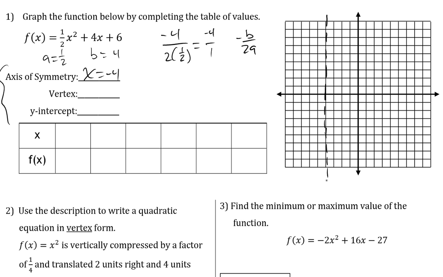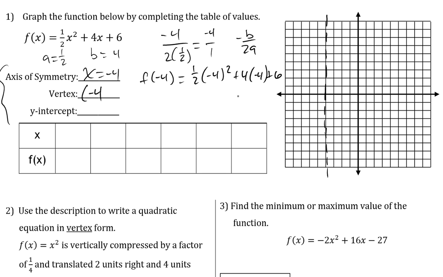Another good thing to look at is, where's the vertex at? Of course, we find the vertex by feeding this value of x back into the function, and it'll tell me the corresponding y. I already know that the vertex is occurring when x is -4, on this axis of symmetry. When I plug that value in, f of -4 equals 1/2 times -4 squared plus 4 times -4, and then plus 6.